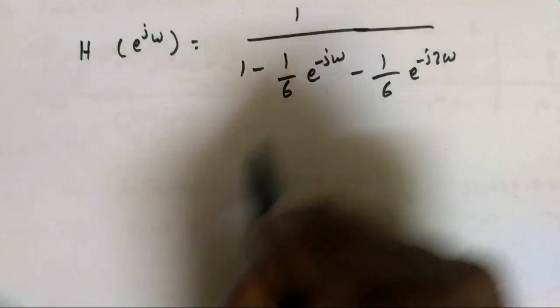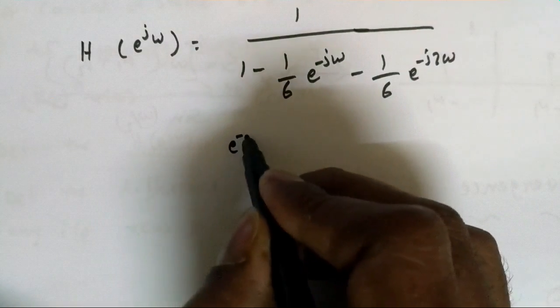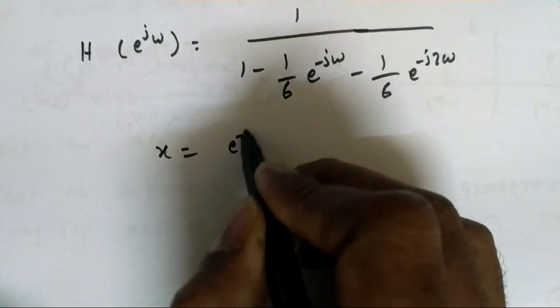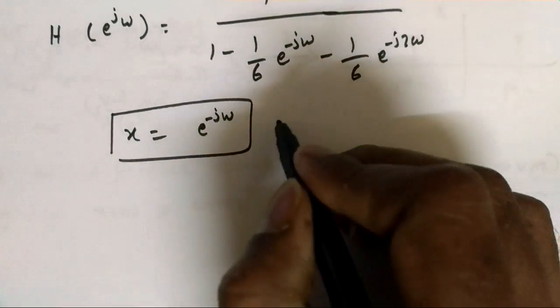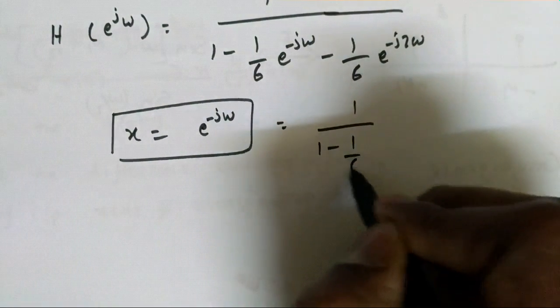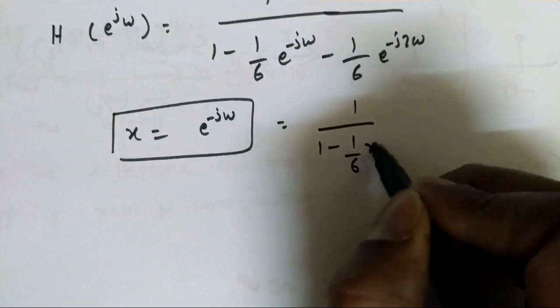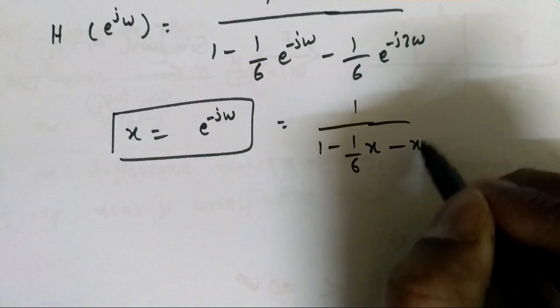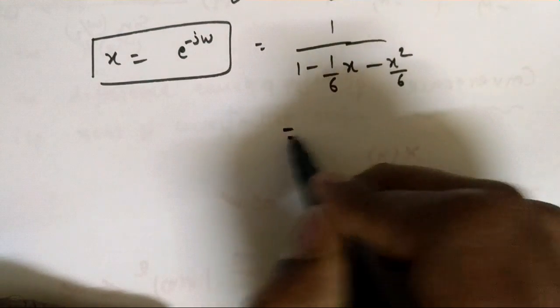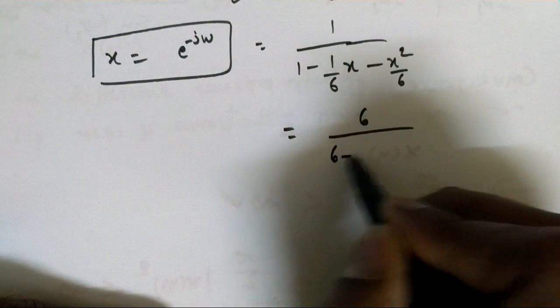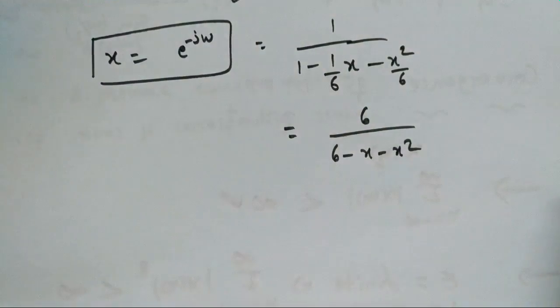By seeing this one we may think it's somewhat difficult. To avoid this difficulty, what we'll do is let x be equal to e power minus j omega, right? So 1 by 1 minus 1 by 6 e power minus j omega replaced by x becomes x square by 6. If I take LCM 6 common, it will be 6 by 6 minus x minus x square.